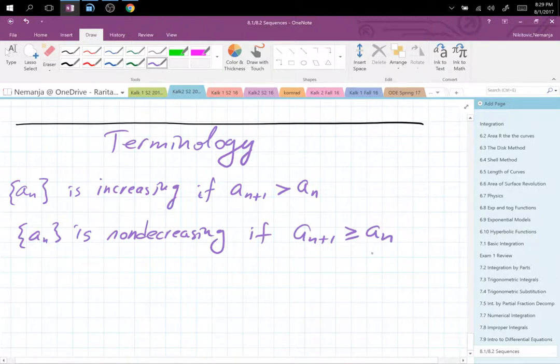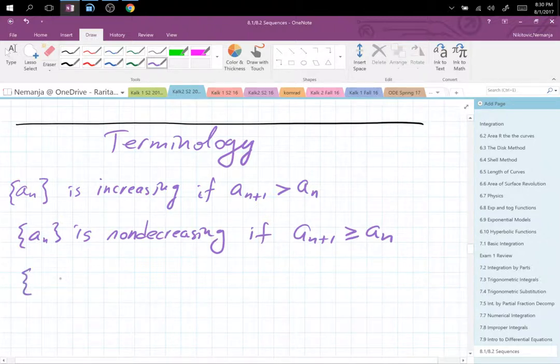So you have three things: decreasing, constant, and increasing, right? If you want to keep increasing and constant in one, it's easier to say non-decreasing than to say could be constant or increasing. It's fewer words, so that's why.